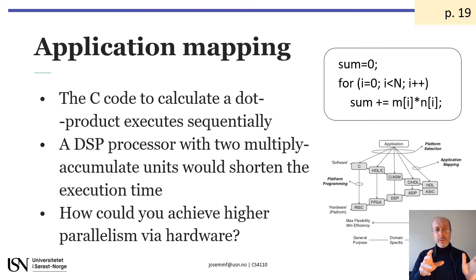This may be the most straightforward solution, but it isn't surely the one offering the best performance, since a digital signal processor with two multiply accumulate units would be able to calculate two loop iterations simultaneously and therefore significantly reduce the computation time. And we might still ask ourselves what additional performance could be obtained by moving farther to the right in the co-design space.